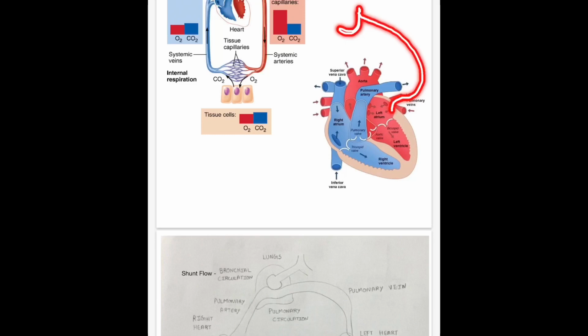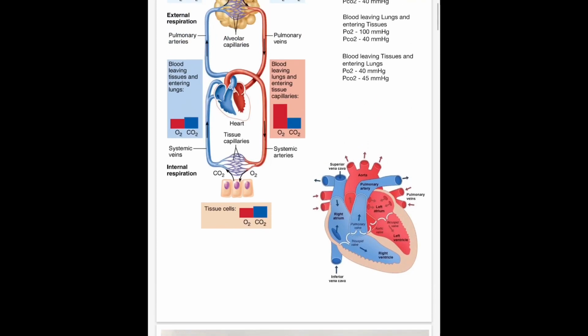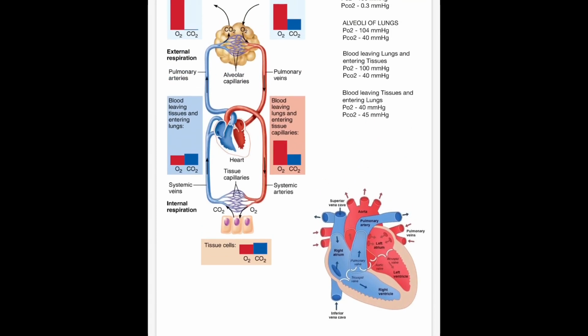First, in the left atrium, the oxygenated blood is pushed to the left ventricle, and from the left ventricle the oxygenated blood is transported to the rest of the body through the aorta. I hope now it is clear. So let us have this illustration.